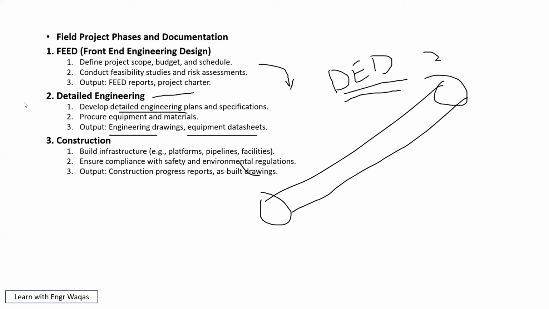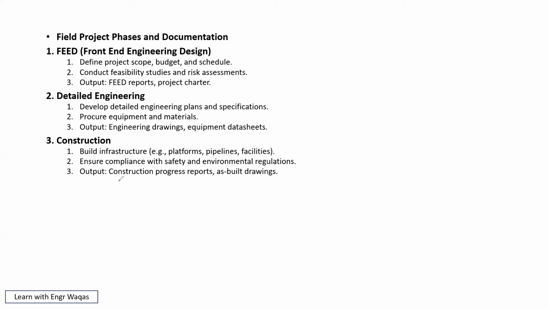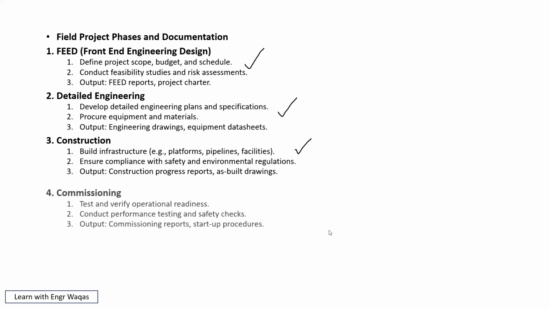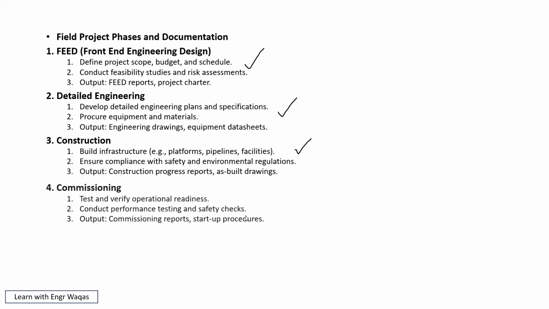This is the sequence in which you are going to carry out the bigger picture: basic design, detailed design, including procurement and resource management, and then construction. Your plans are implemented as per site strategy, and then commissioning. A lot of things you need to commission. Test and verify operational readiness, conduct performance testing.